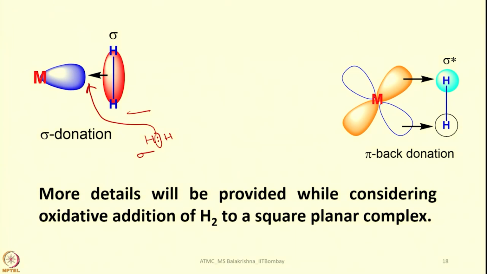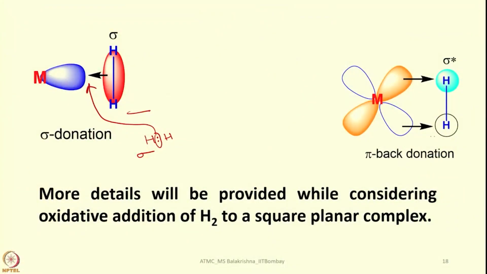The energy of sigma star is more or less comparable to the energy of non-bonding electrons present in a given metal complex, whether it is tetrahedral, square planar or octahedral. In that case electrons from metal orbitals can be promoted to sigma star, and that is called back bonding. So, this is how it acts as a back bond.